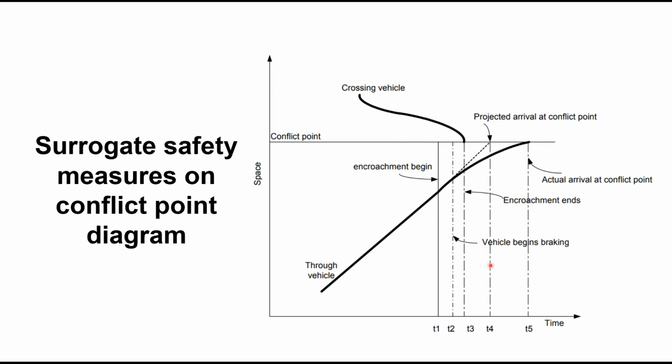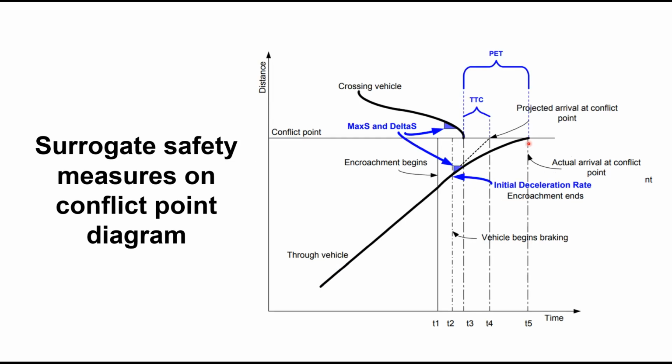Time T4 is when the through vehicle is projected to arrive at the conflict point if it continued at the same speed. And this is T5, the actual arrival at the conflict point. So here, from this time to this time is the post-encroachment time.